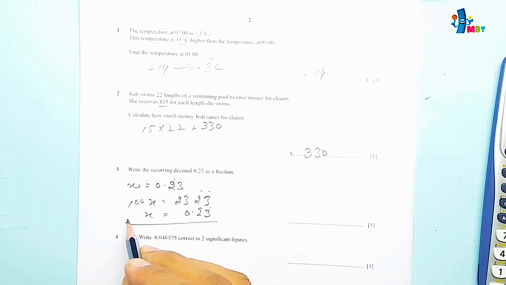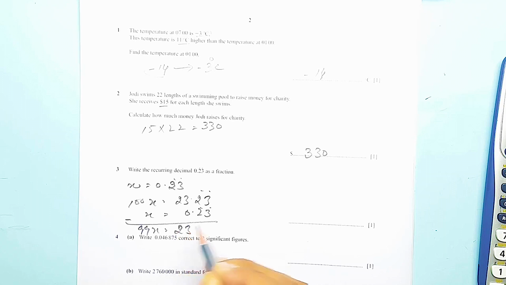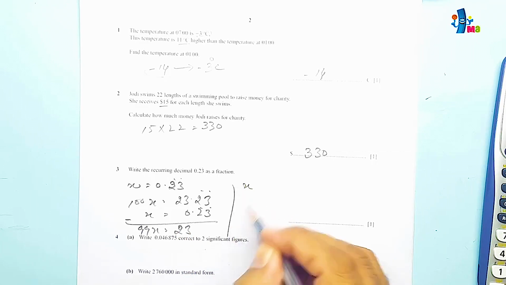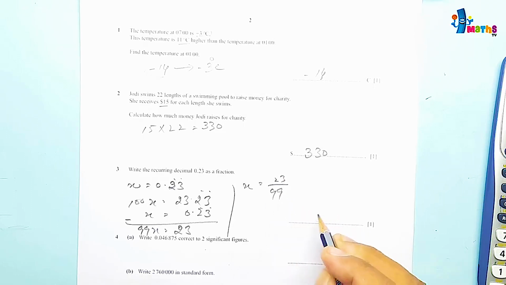After subtraction we get 99x is equal to 23, and x will be equal to 23 over 99. So our answer will be 23 over 99.